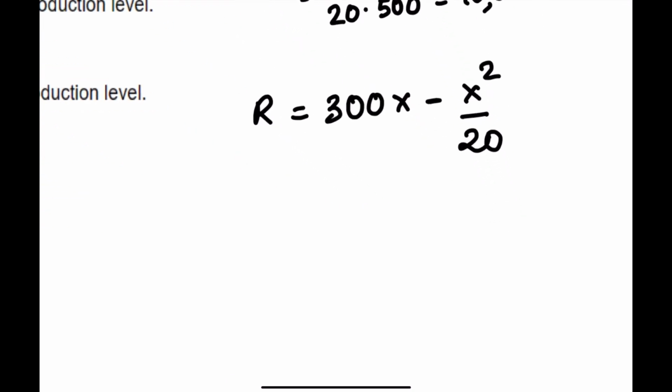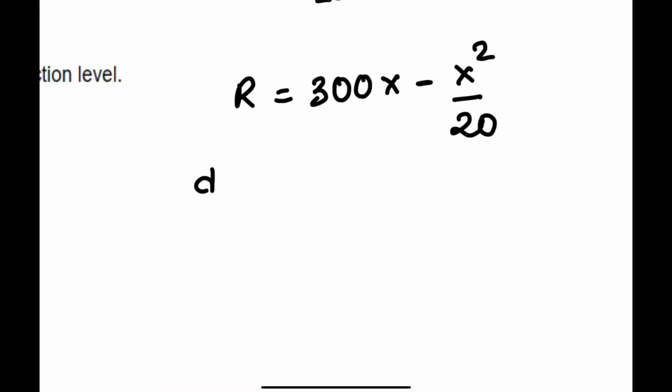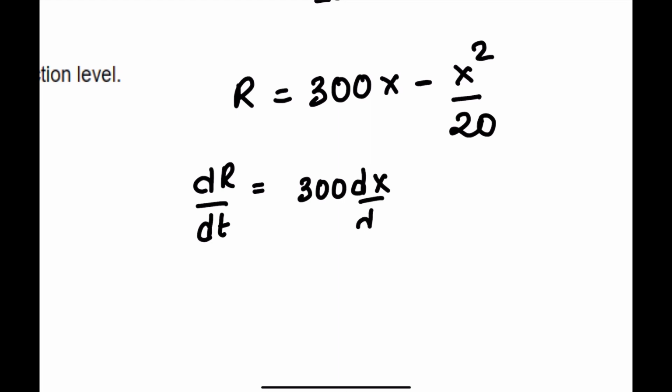Now let's look at the revenue. dr by dt. By default, if you're a good businessman, you will not just see the increase of the cost, you will also see how the revenue is increasing, because you just don't want to be producing when you don't make any money, right? So derivative of 300x is 300 dx by dt minus 2x divided by 20 dx by dt.